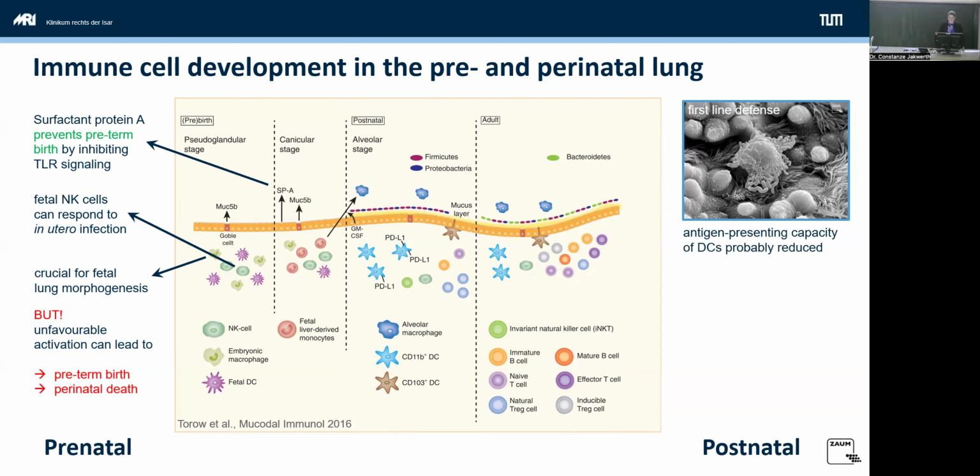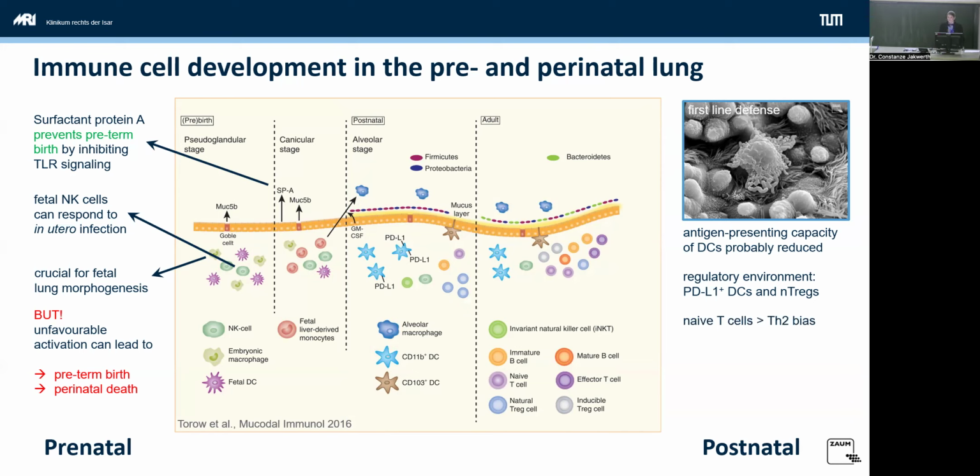The antigen-presenting capacity of dendritic cells is most probably reduced, in particular because we have a regulatory environment. PD-L1 is expressed on dendritic cells, and we have an influx of natural Tregs.